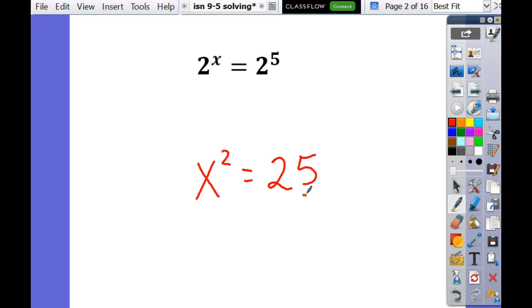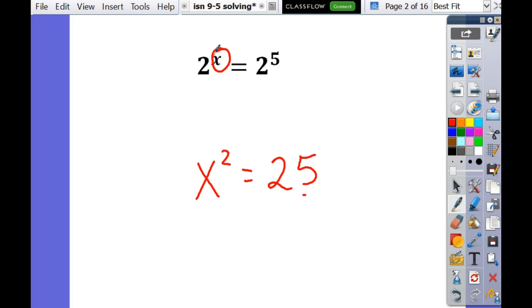Yeah, it does have an exponent. The variable is the exponent. That's why this is an exponential equation, because the variable itself is the exponent.